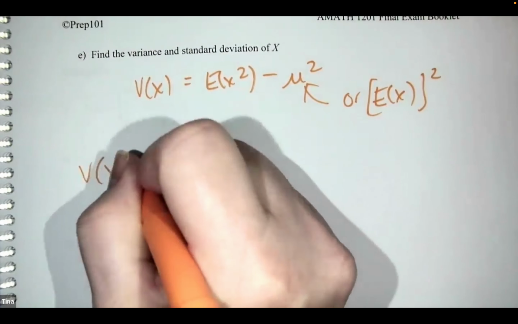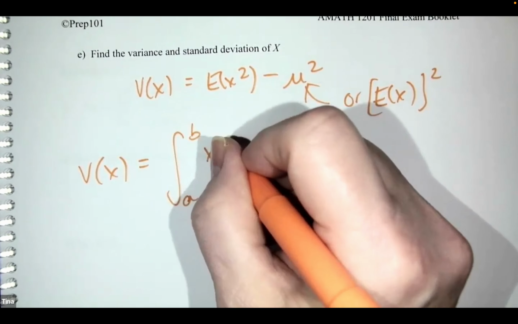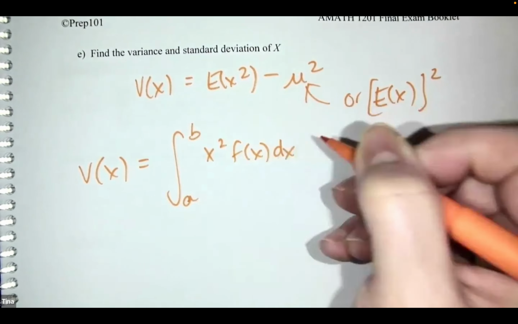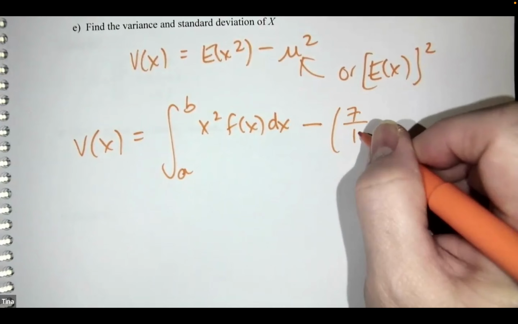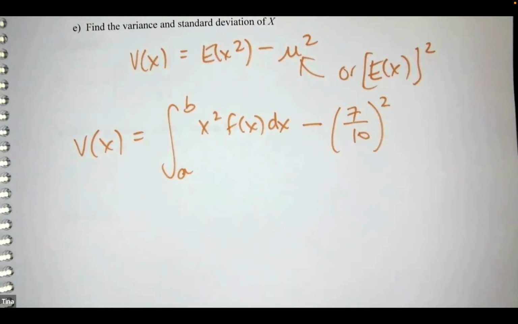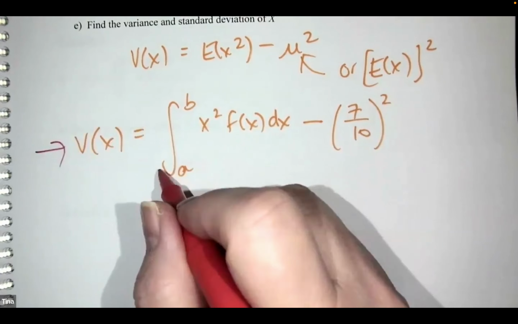So our V of x is the integral from a to b of x squared f of x dx minus the mean squared, which was 7/10, right? So that's our formula for our V.